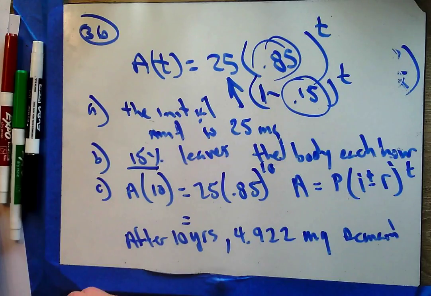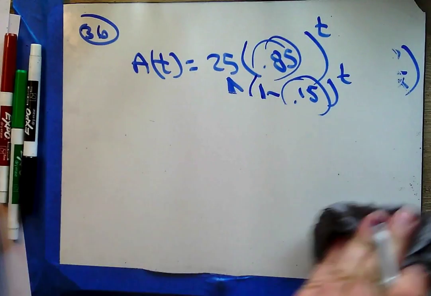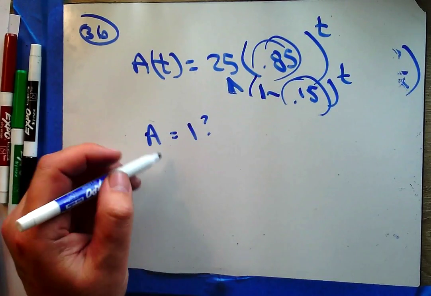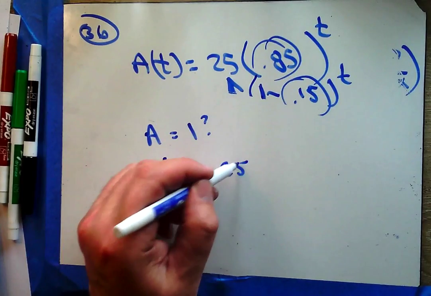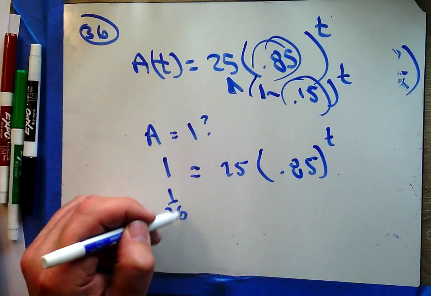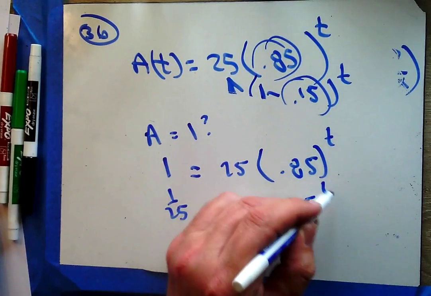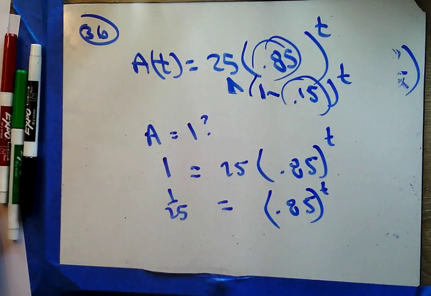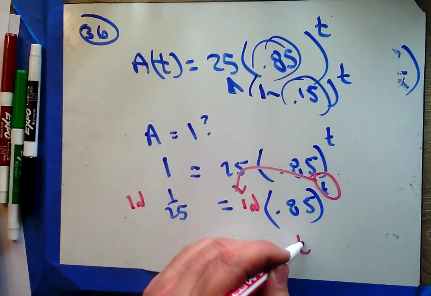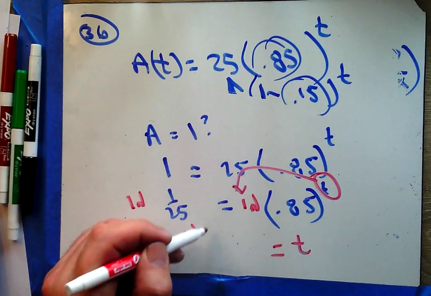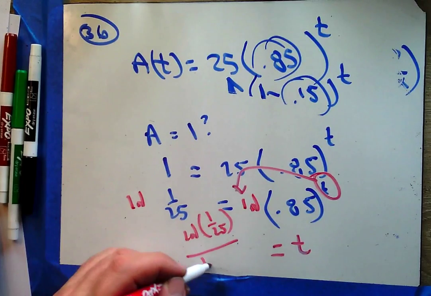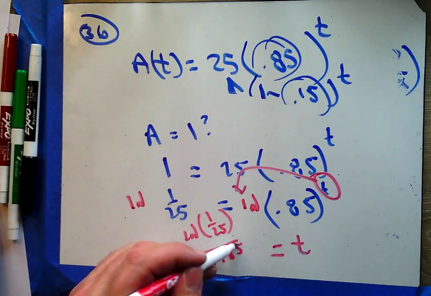Okay? And our final question, when will the amount of medicine in the body be less than 1 milligram? Well, that's me saying, when does A equal 1? We're supposed to find the time. So 1 equals 25(0.85)^t. 1 over 25 equals 0.85 to the t. If I take the ln of both sides, I can bring that power down and say that t equals the ln of 1 over 25 divided by the ln of 0.85.